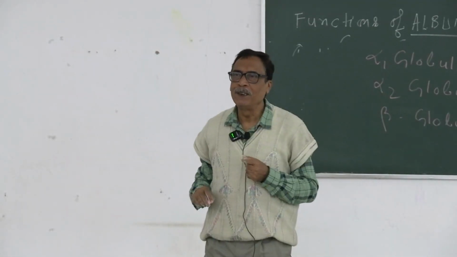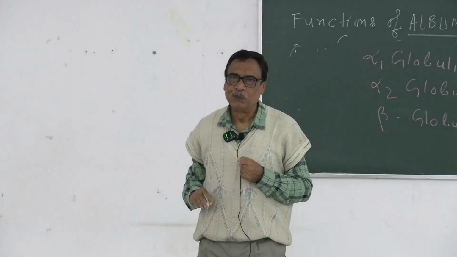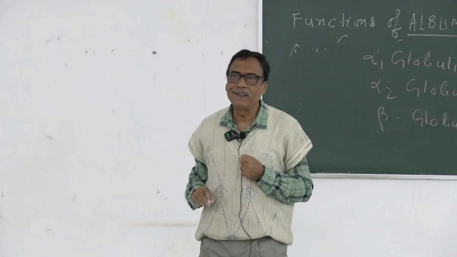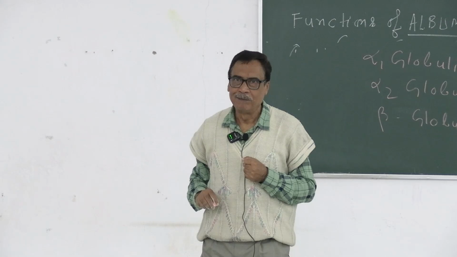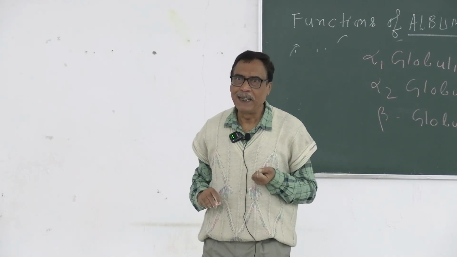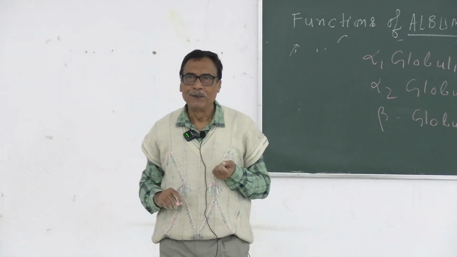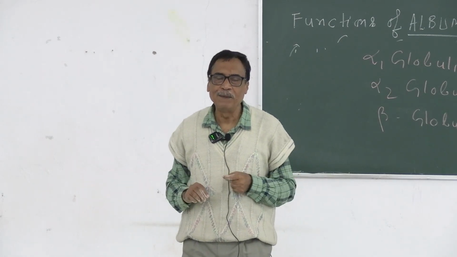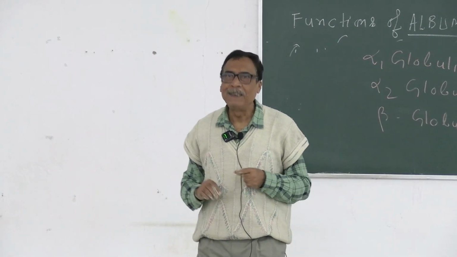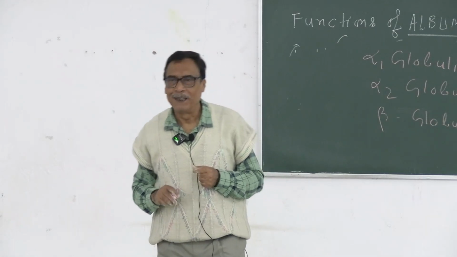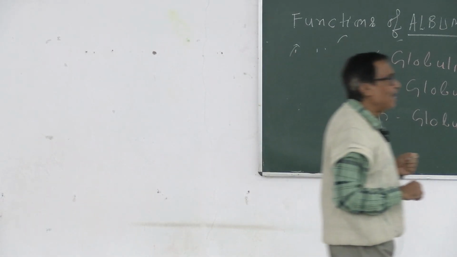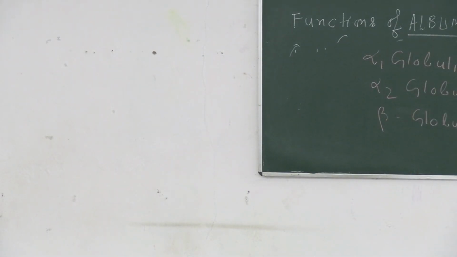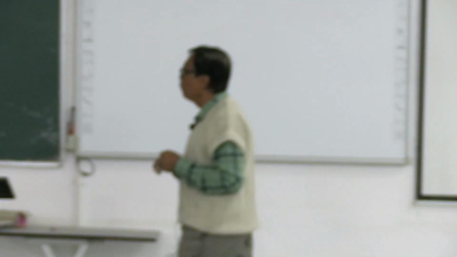This protein is mainly present in the lung tissue, and elasticity of the lung is preserved by this enzyme or protein. So elasticity of the lung will be lost in deficiency of alpha-1 antitrypsin, and that causes emphysema.